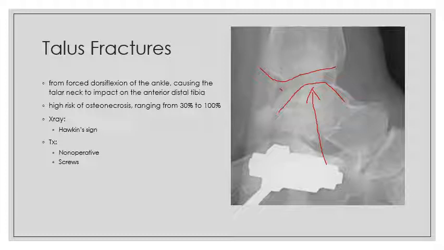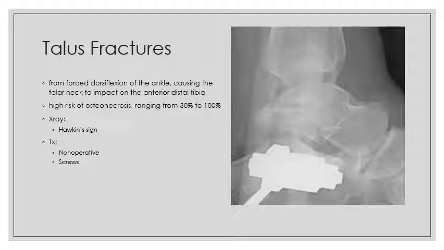So the momentum is going this way, and you're forcing this talus to go up and abut against the anterior tibia. Because of the precarious blood supply of the talus, there's a high risk of osteonecrosis of the talus.